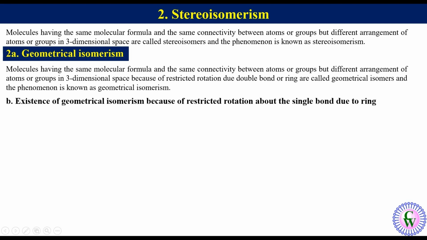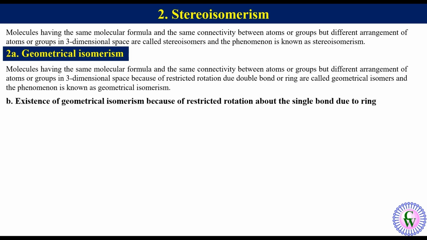Existence of geometrical isomerism because of restricted rotation about the single bond due to a ring. A ring has two faces, up and down. If a ring has at least one substituent on two different ring atoms, then it will show geometrical isomerism.